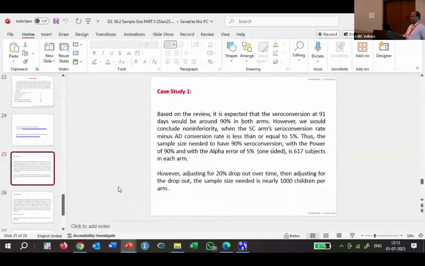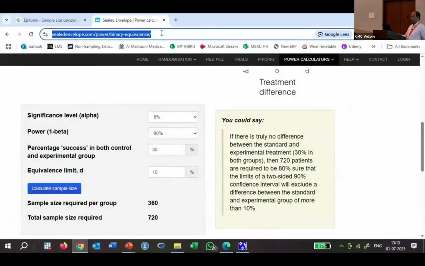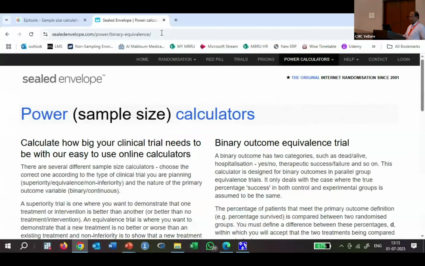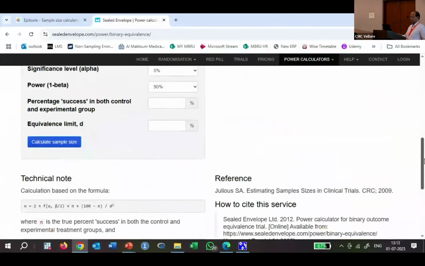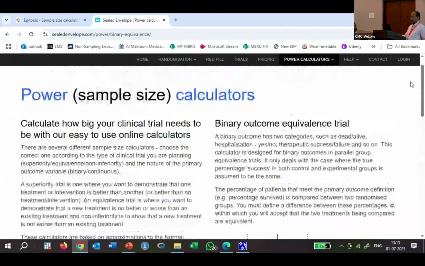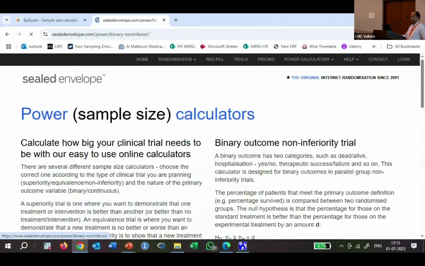Do we have anything on non-inferiority trial? Same thing coming. Binary outcome for non-inferiority trial. Can you see this one? Yes. Click that one.